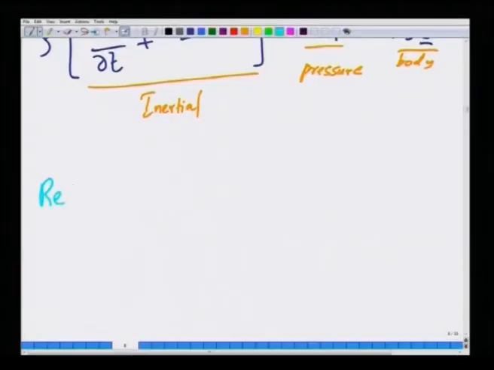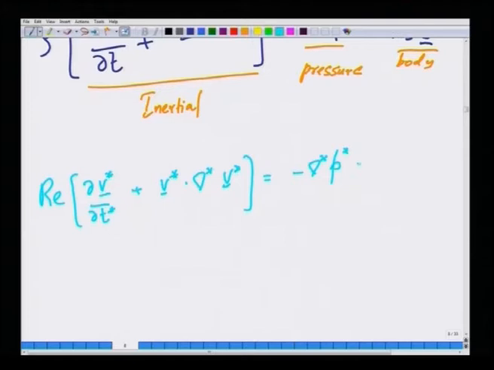It is nothing but Re times ∂V*/∂t* plus V* dot del* V*, which is nothing but minus del* P* plus 1 over Re times the viscous term. These are all starred variables because they are all non-dimensional. I am going to neglect body forces for the moment because they do not play an important role right now.